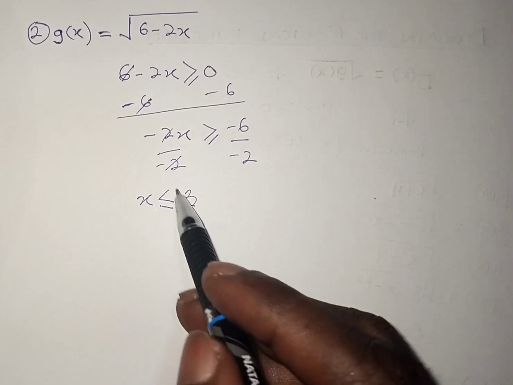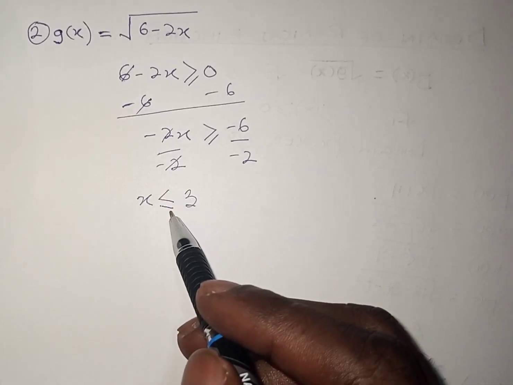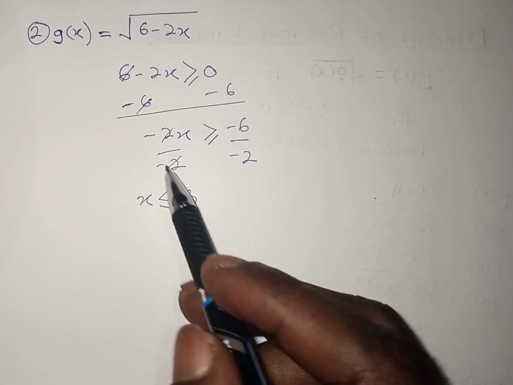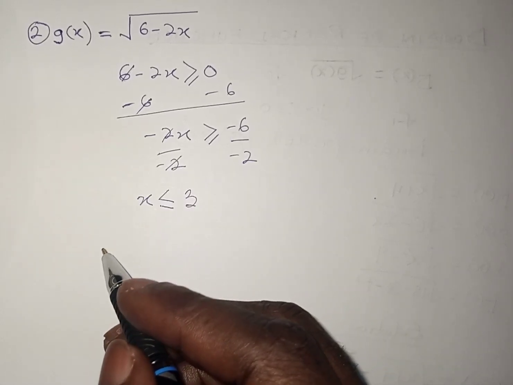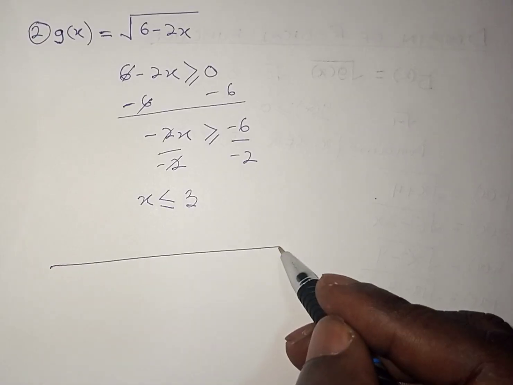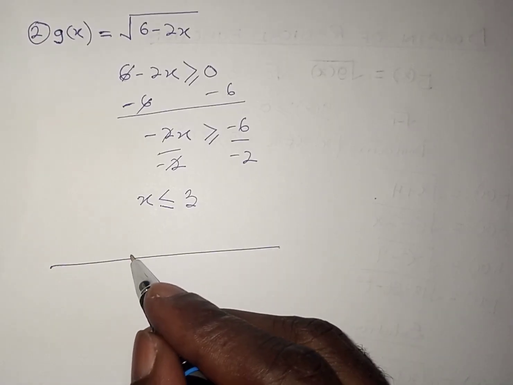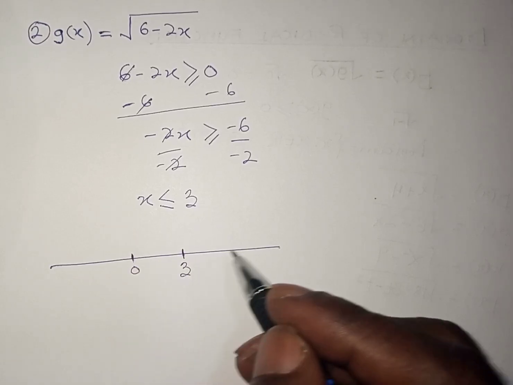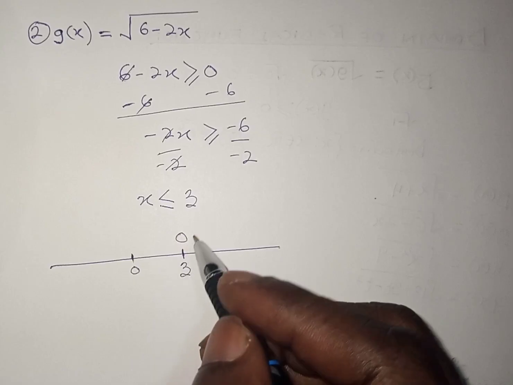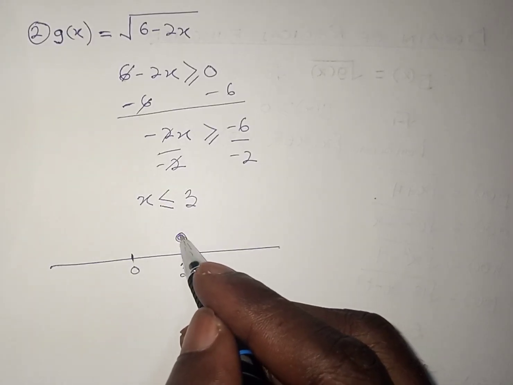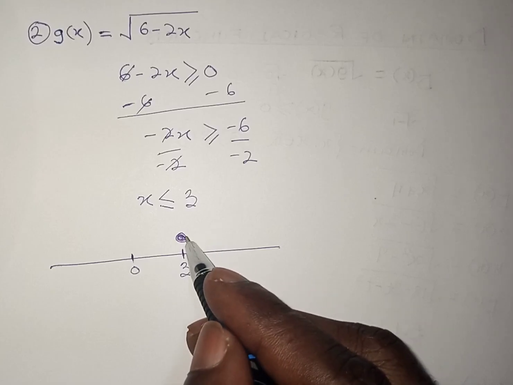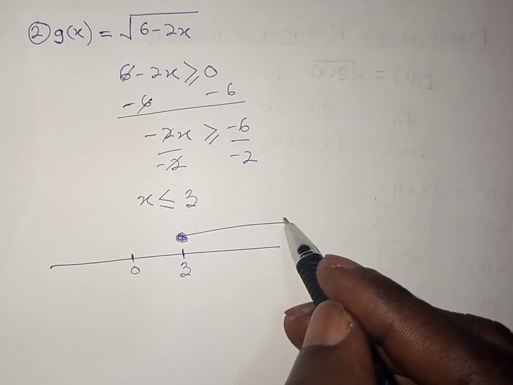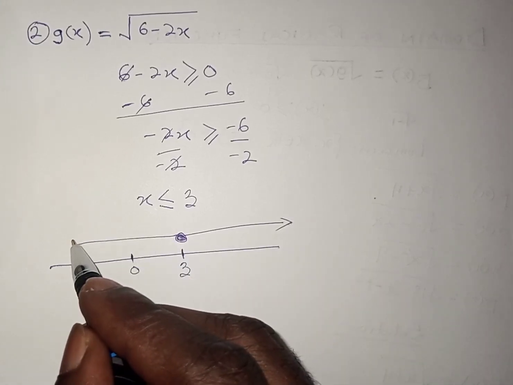Okay, so this is what I have got as my solution, but I cannot just end here. I need to still test to see whether this satisfies the function. So I will use my number line. Let me indicate my origin as 0, and let me bring here 3. So we know that this is inclusive. Once we have this, then we have the right direction and the left direction.